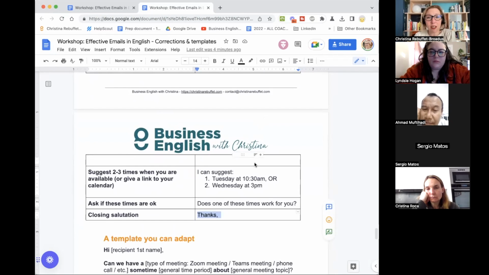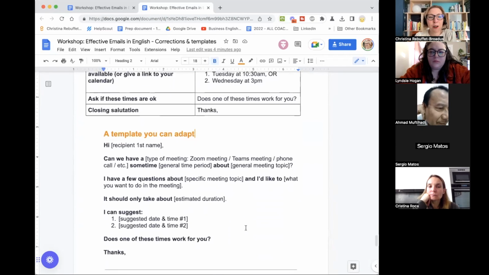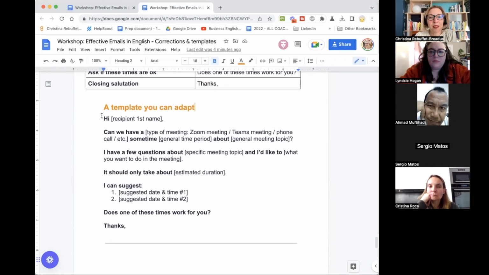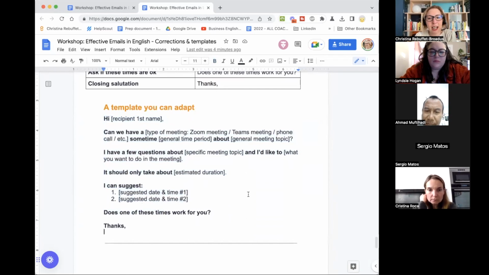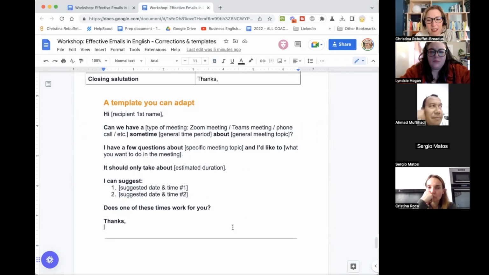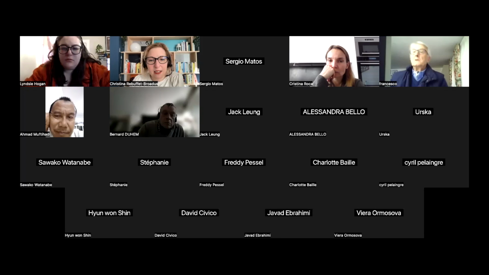And it makes the communication clearer, smoother, and easier. And I mean, that's what we all want. And here's the template that you can use and that you can adapt for your own work and for asking for appointments.